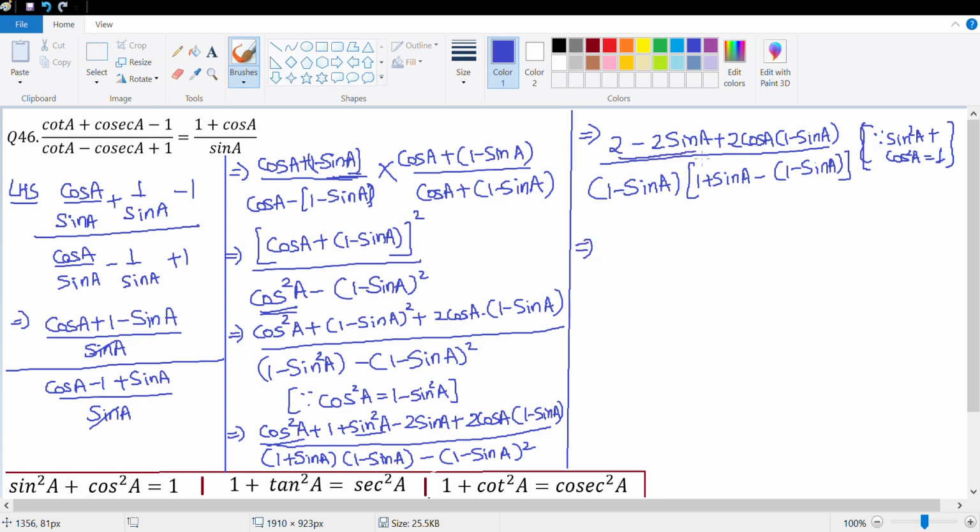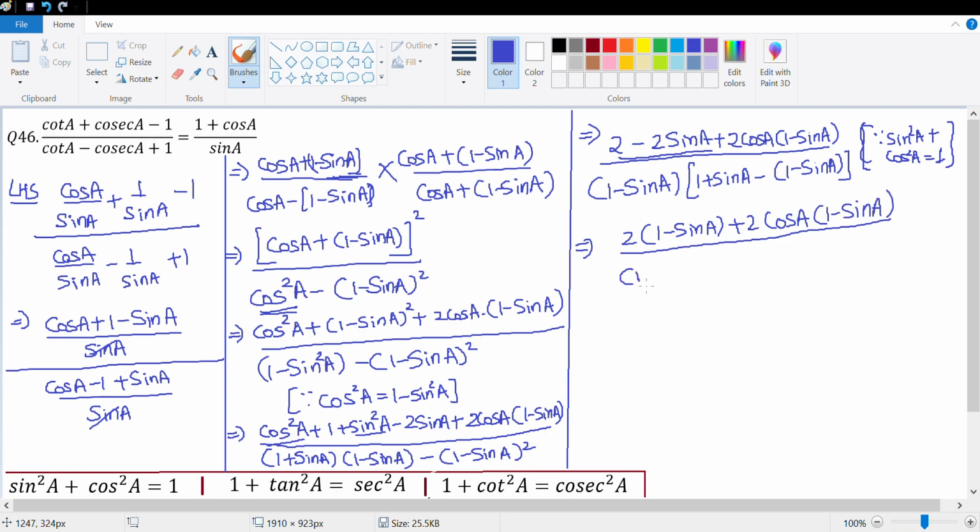Anything common between these two elements? Yes, 2 is common. So let me just take 2 common. So this becomes 2 times 1 minus sine A plus 2 cos A times 1 minus sine A. Done. In the denominator, let's open this bracket.